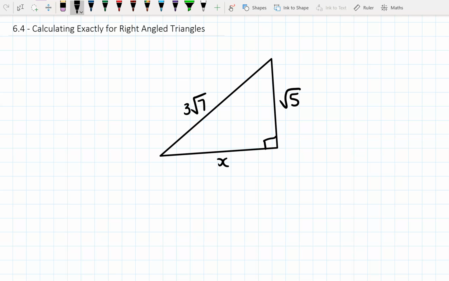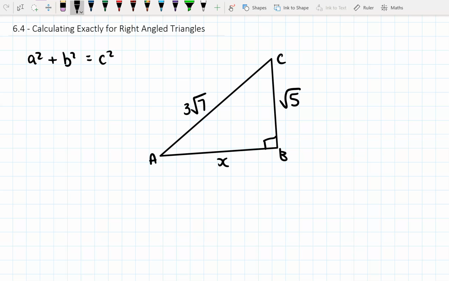Now, I assume that you know Pythagoras' theorem, something we do expect that you know by now. Again, Pythagoras' theorem is a squared plus b squared equals c squared. Now we will label this triangle A, B, C, because we need to make sure we use the right labels for our sides.